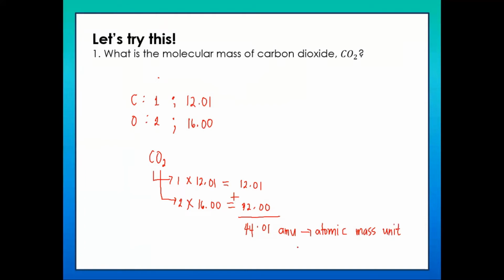This is the typical unit that you can see from your periodic table of elements. In other reference materials, they denote it as a small letter u, which is still AMU, atomic mass unit. So our molecular mass for carbon dioxide is 44.01 AMU.